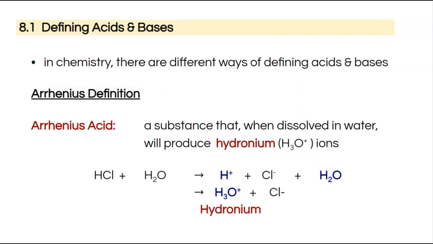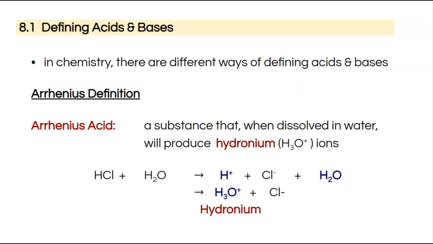So let's just review this process. For instance, if I had HCl, hydrogen chloride, which is a gas, and I dissolve it in water, then what happens first is that this hydrogen chloride will dissociate, right? So I've got my hydrogen cation and my chloride anion.